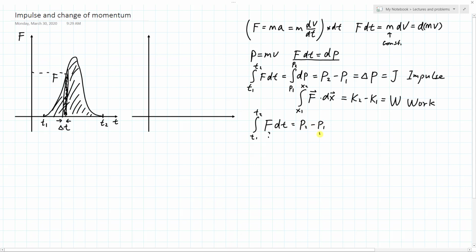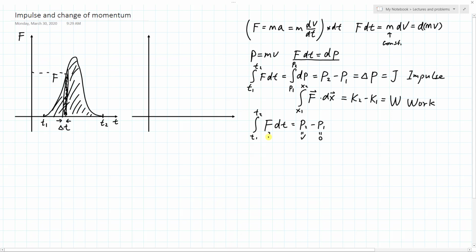So let's just say P1 is equal to 0, start from rest, and P2 is equal to some known quantity. We know how fast it is after the collision, but we don't know how this force changes with time. So can we do something? Can we find some answers out?